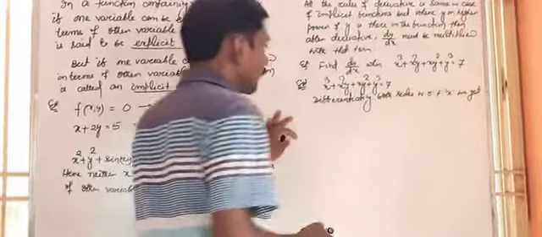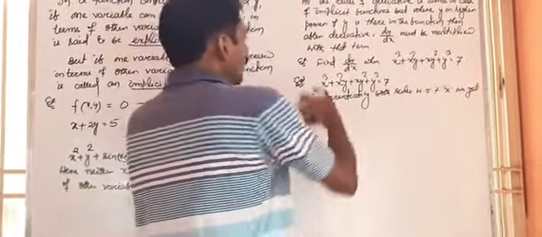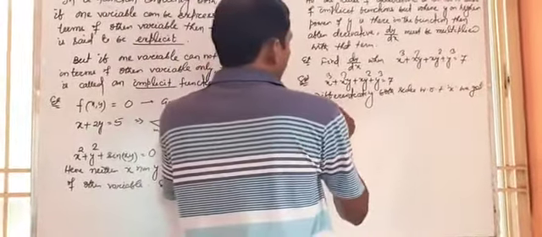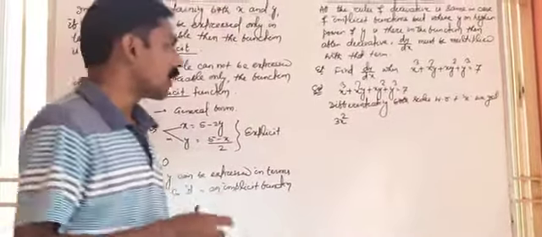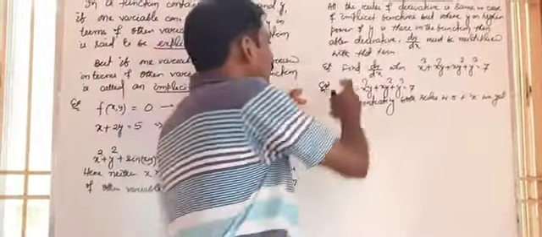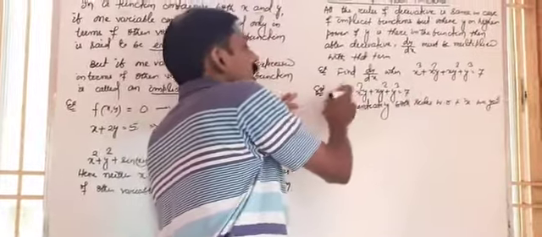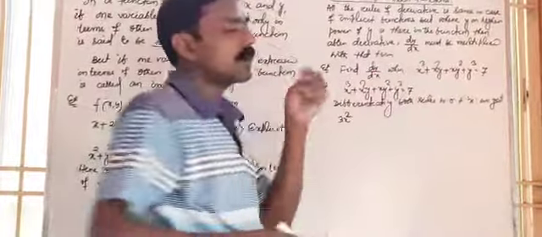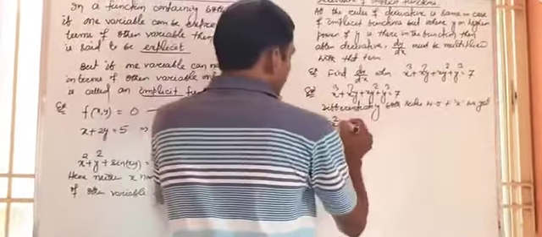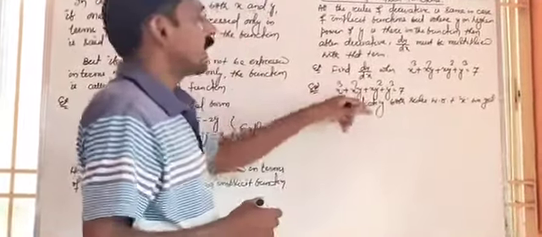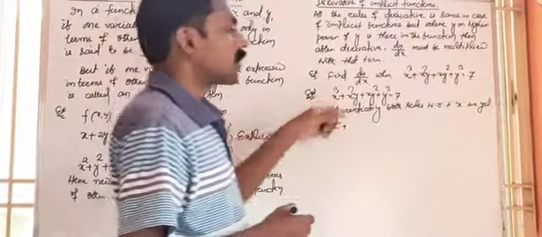We get, so the derivative of x cube will be 3x square. Either you write this line, differentiating both sides with respect to x, or in the next line you write d by dx of every term equal to d by dx of 7. So it is 3x square. Now here x square y, so we will use the product rule.